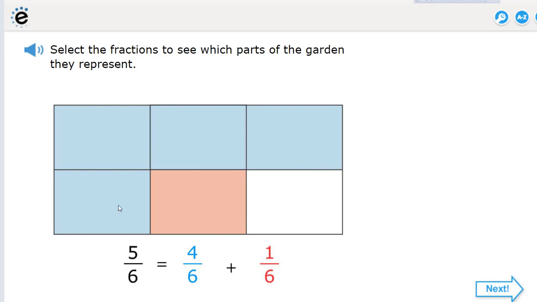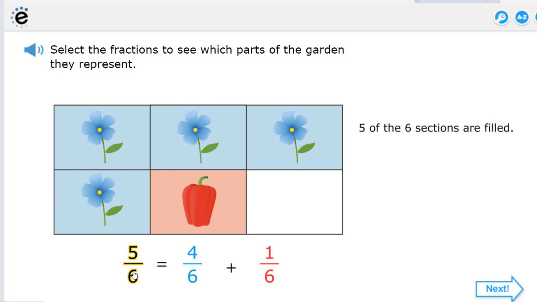Okay, Thamer, I will click each of these fractions, and before I click it, try to tell me what this fraction is. 5/6 represents what? According to the problem that we are solving, this is the total planted area. 5 of the 6 sections are filled. And what is 4/6?